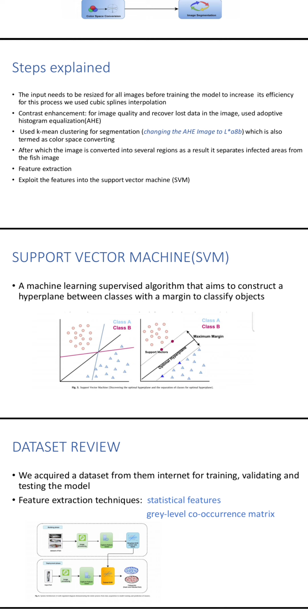It's an algorithm, as you can see, that differentiates between the infected class and the one which is not infected. It draws the lines. So that was the algorithm we used, and as you can see, it separated the red ones which are infected from the blue ones which are not infected.